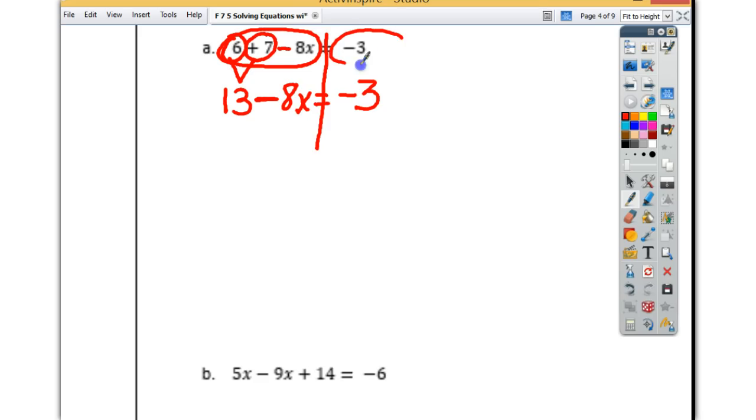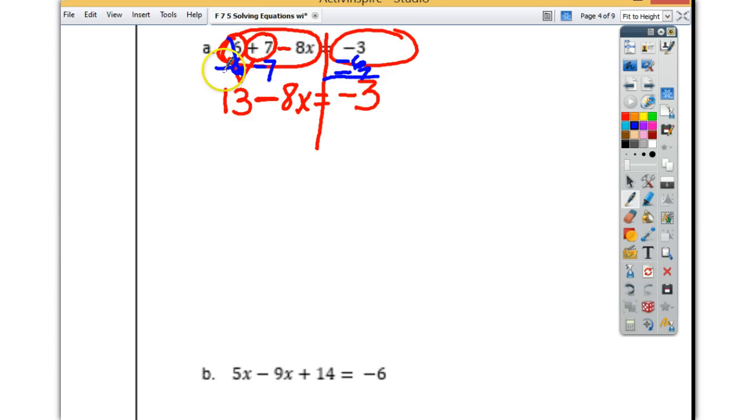So now is there anything I can simplify on that side of the equation? Nope, so I bring down my negative 3x. Now, you still could have gotten the right answer if I would have subtracted 6 from both sides, and then subtracted 7 from both sides. And I would have had a negative 8x equals, what are all those added together? A negative 16, right?